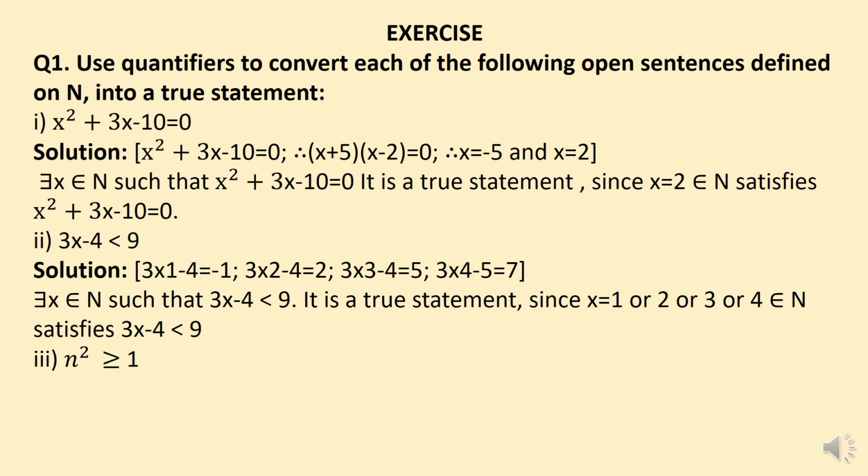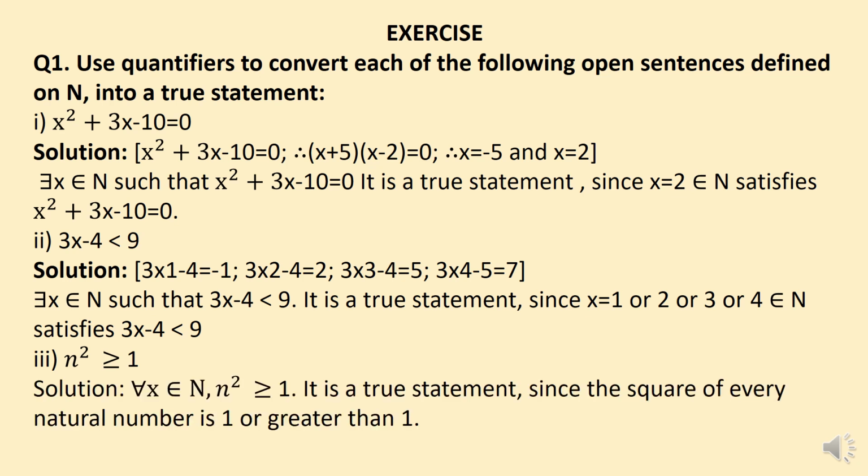For the natural number 2, 2 square becomes 4, which is again greater than 1, and so on and so forth. Thus the solution can be written as, for all values of n belonging to N, n square is greater than or equal to 1. Your explanation: it is a true statement since the square of every natural number is 1 or greater than 1.